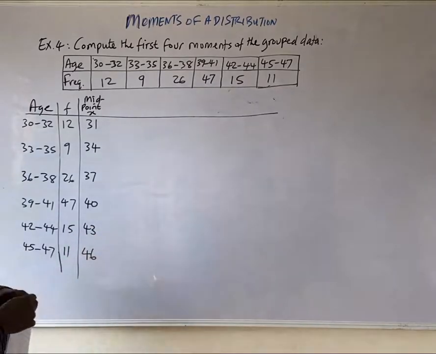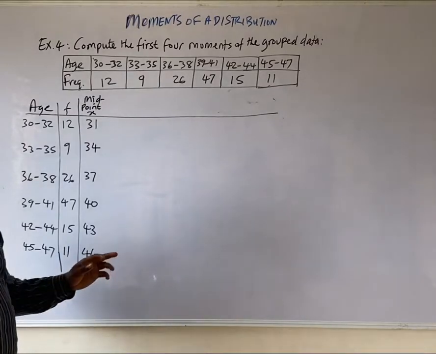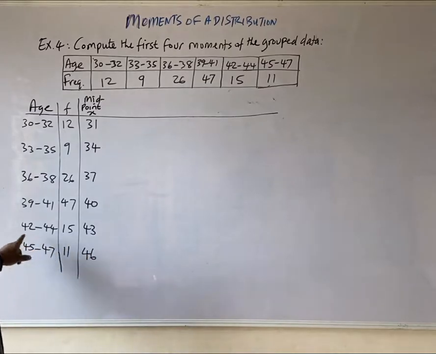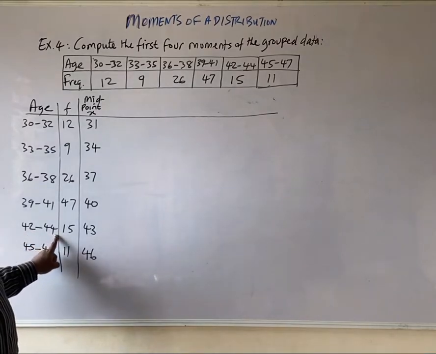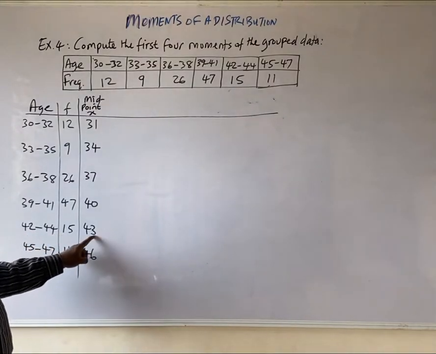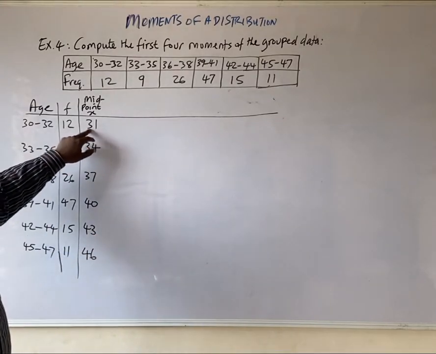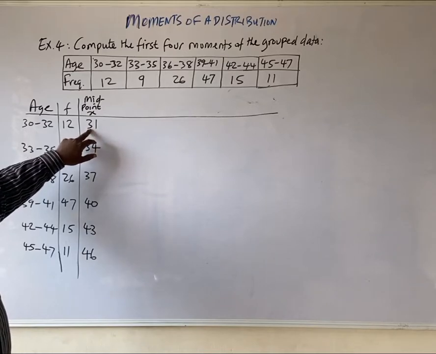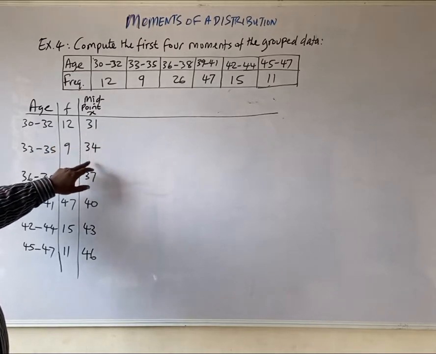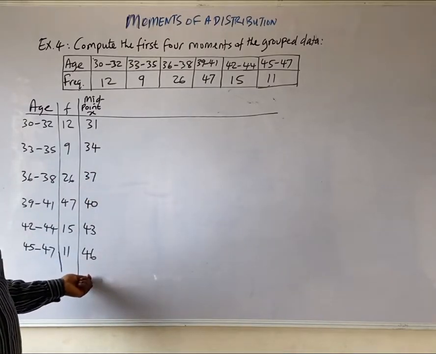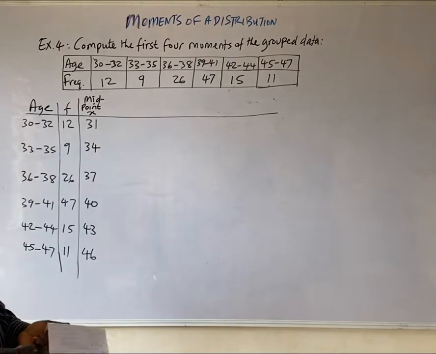You can check the validity of these values, because if we add 42 and 44, we have 86. 86 divided by 2 gives us 43. So we are correct. So what you do is find the value of the first class mark or midpoint and add the class interval to each of them downwards. You will get the midpoint or the class mark, which forms your x value.